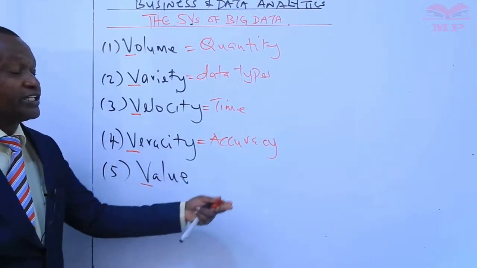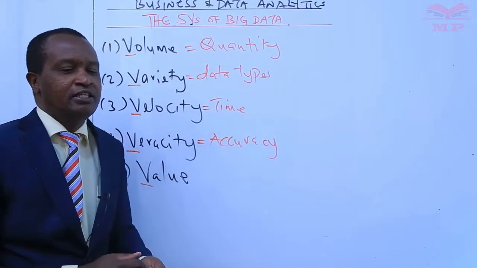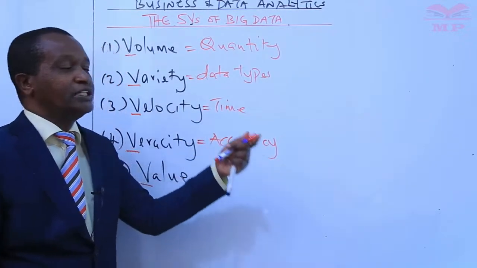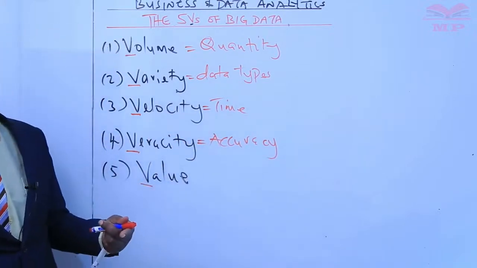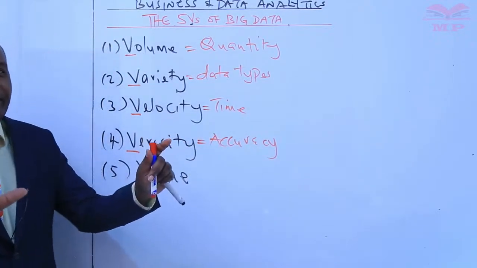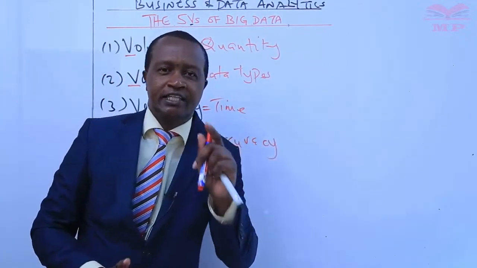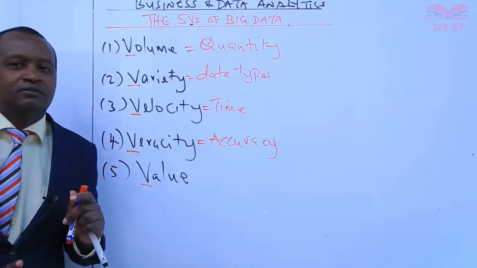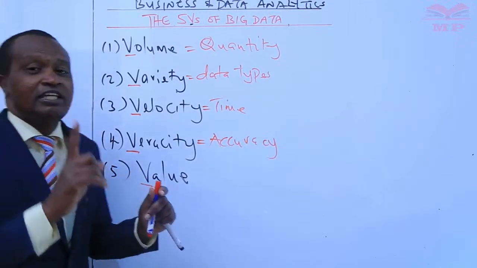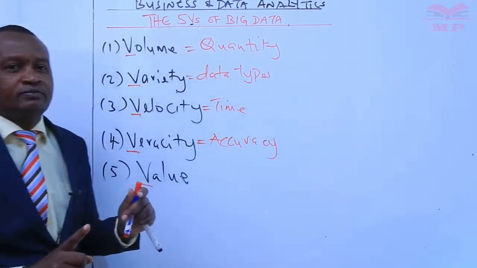Because sometimes data can be messy. Data can be difficult to use. And a large amount of data can cause more confusion than insights, especially if such data is not complete.